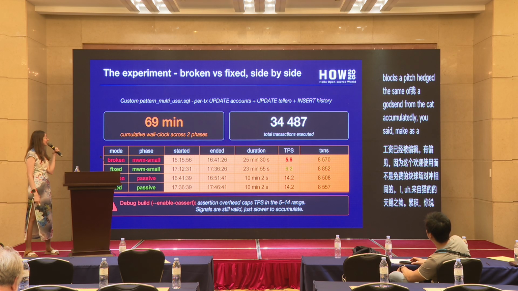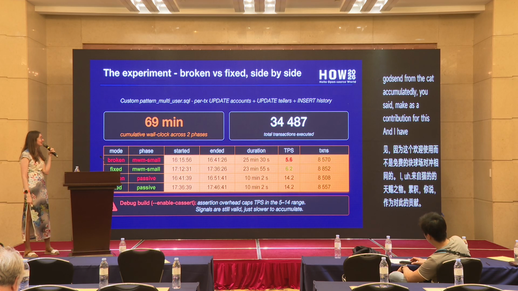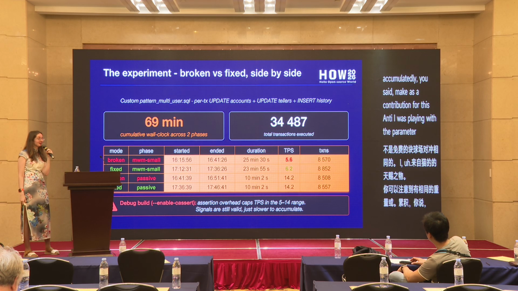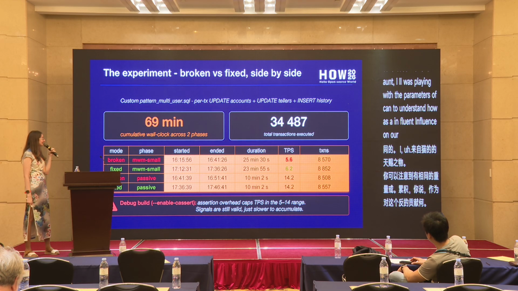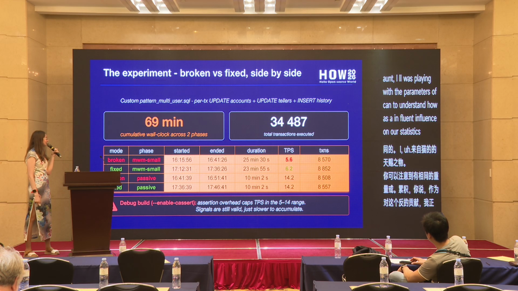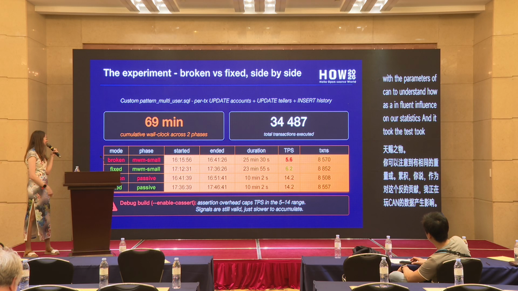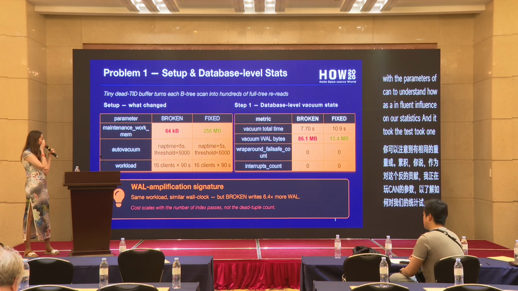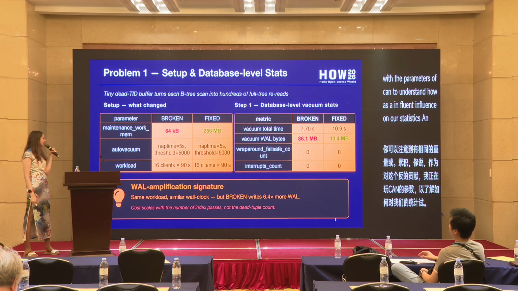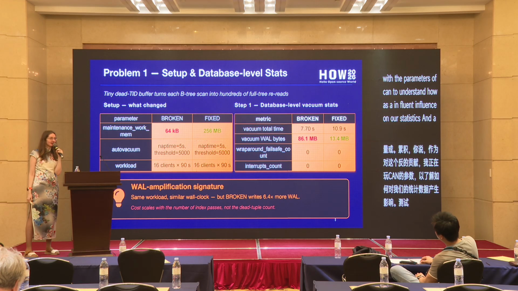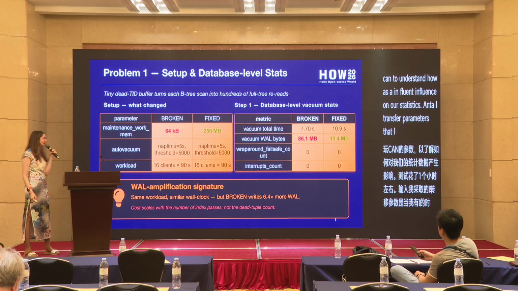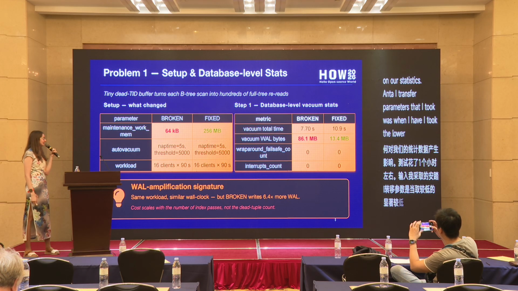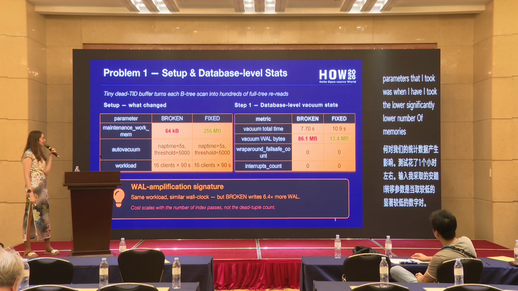And I was playing with the parameters of vacuum to understand how they influence our statistics. The test took 1 hour or about it. The first parameter that I took was maintenance work mem. I took a significantly lower amount of memory than the default.